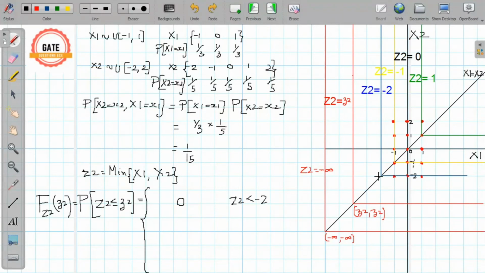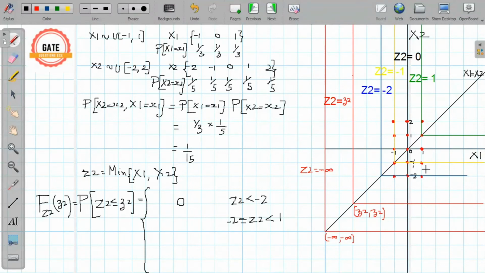So next we consider the case of boundaries with Z2 greater than or equal to minus 2 and less than 1. If you consider all the boundaries lying in this region, I am talking about this blue boundary as well as the boundaries lying to the right of this blue line and to the left of this yellow line.